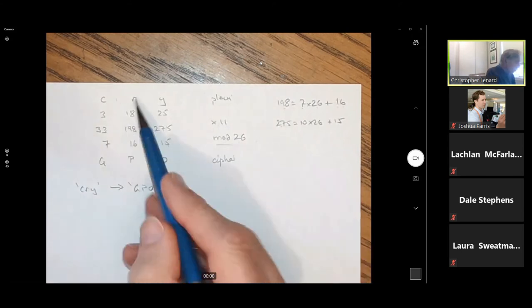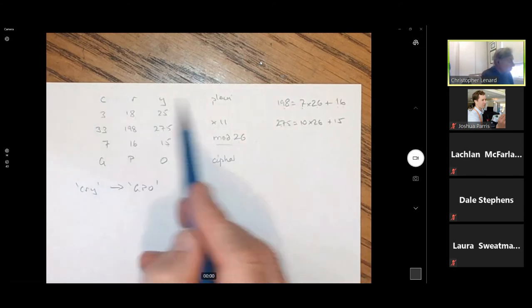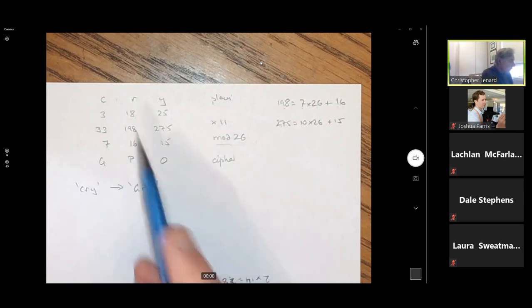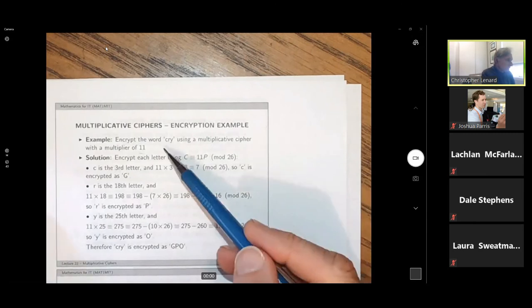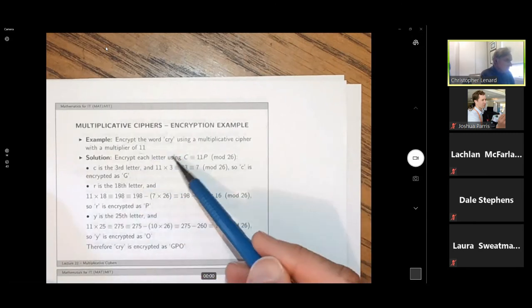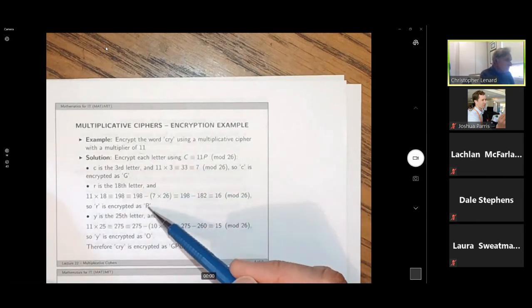And notice that I'm keeping this convention of lowercase for plain, uppercase for cipher. That just helps us to keep track of things. Now you'll notice that I've set it out slightly differently to this. This just does it one letter at a time.